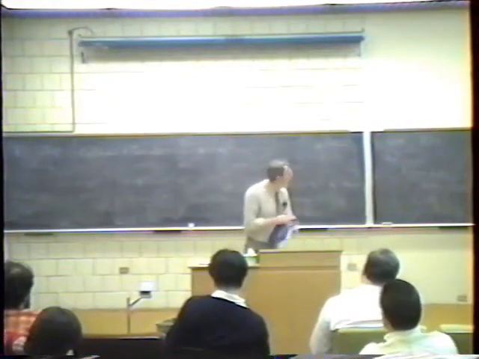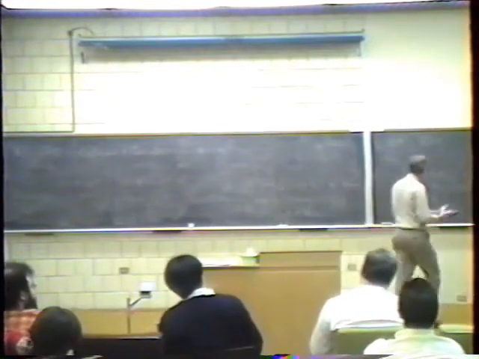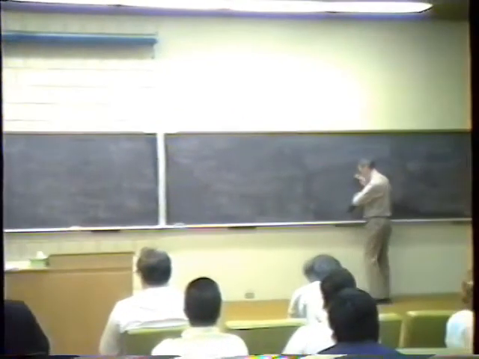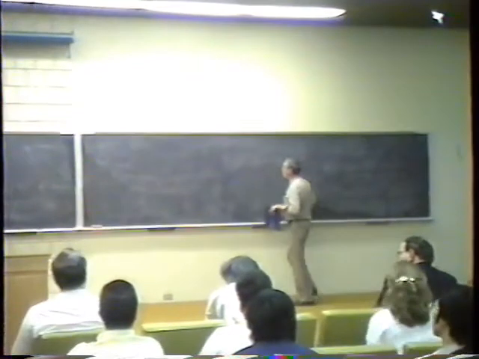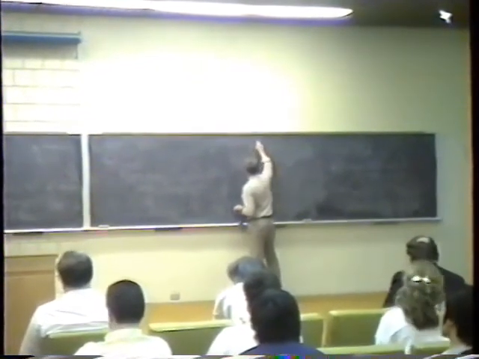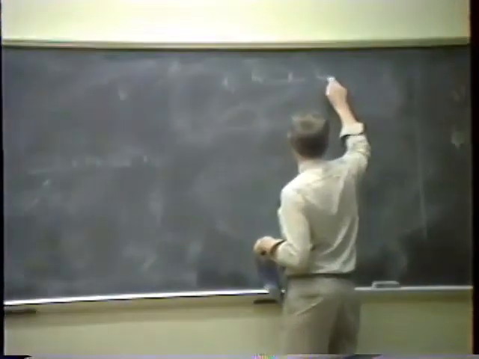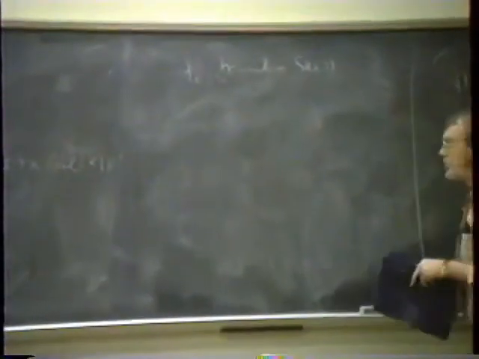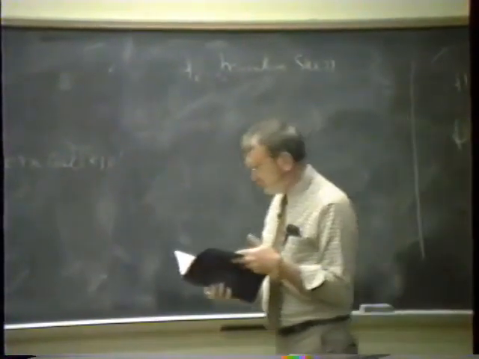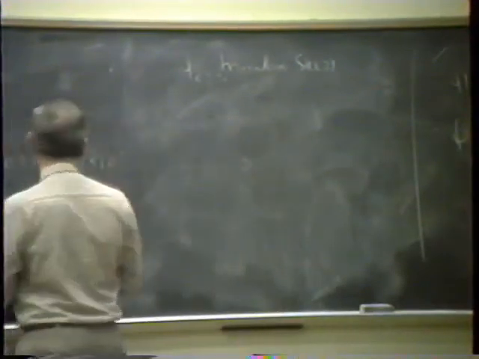All right, so let's now go to the first case, and let's suppose that C sub E is trivial on SU2. So that means there are several possibilities.